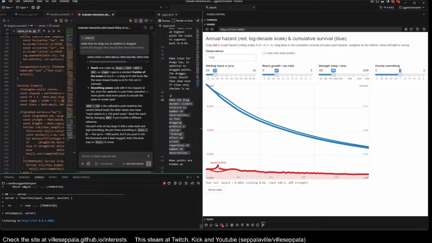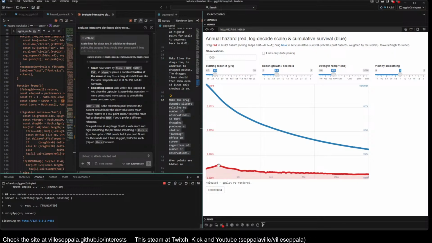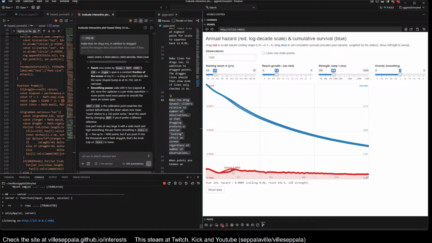Yeah, I would want to see both. If I release this, it should keep the previous line here as some kind of shadow to indicate how much something helped.